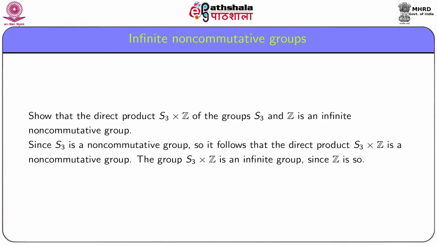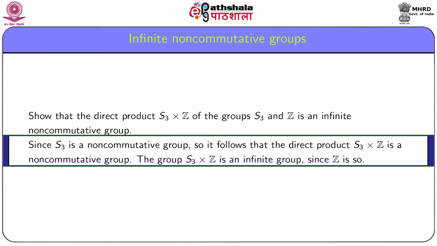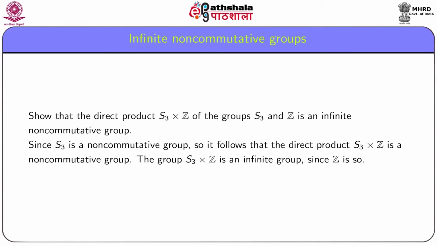If you consider the Cartesian product of S3 and Z, because Z is infinite, the Cartesian product of S3 and Z is an infinite set. Since S3 is non-commutative, as you have seen in the previous example, S3 cross Z is also a non-commutative group.